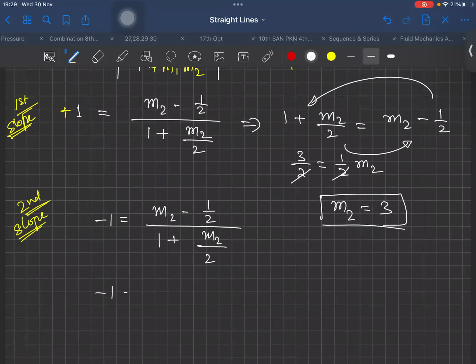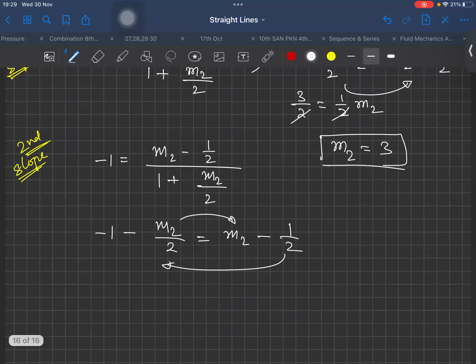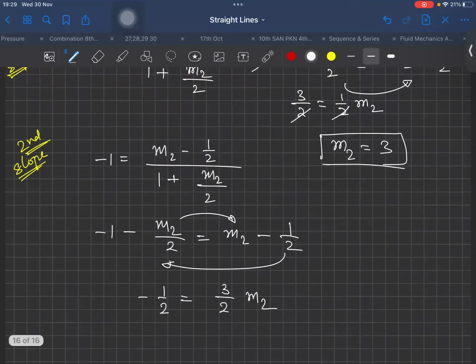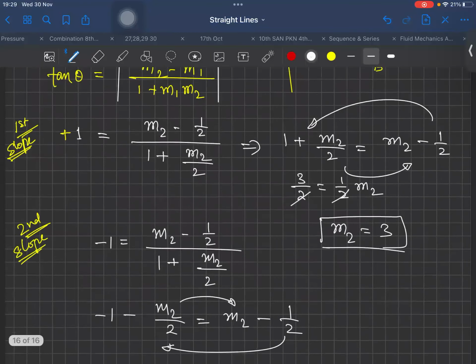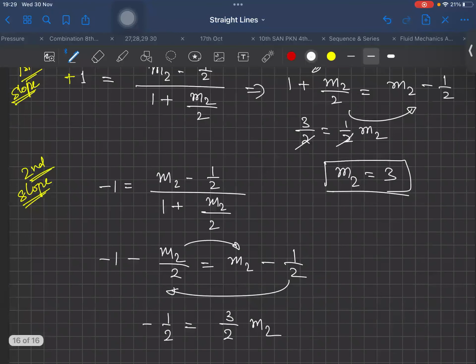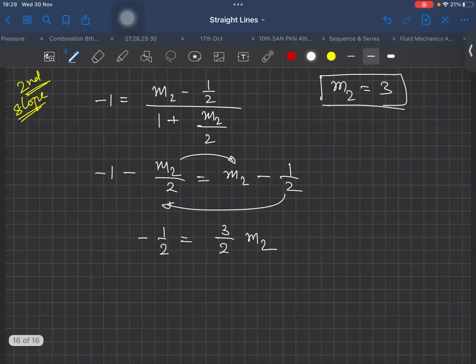So you'll get minus 1 minus M2 upon 2 is equal to M2 minus 1 by 2. Take it this side, take this side, what will you get? This will become minus 1 by 2 is equal to 3 by 2 M2, right? Isn't it? So 2 you can cancel out. M2 will be equal to minus 1 by 3.